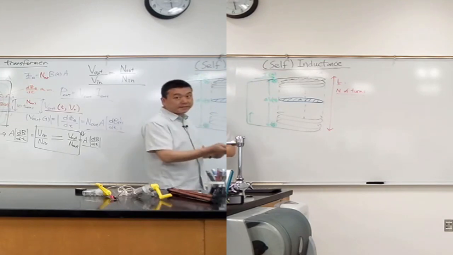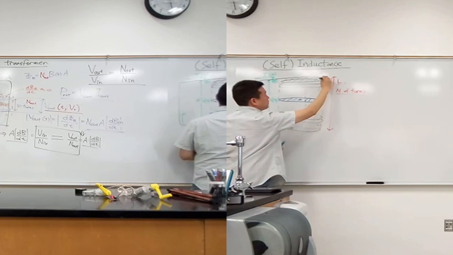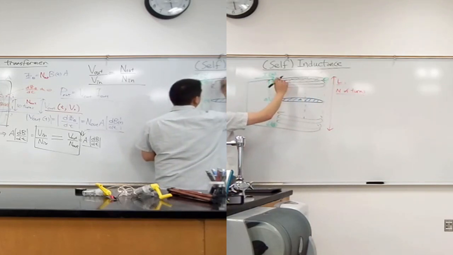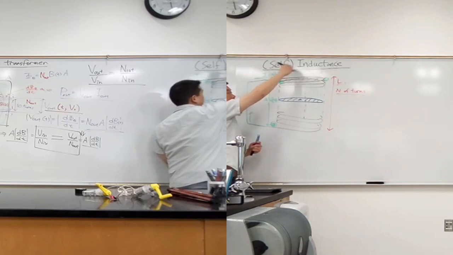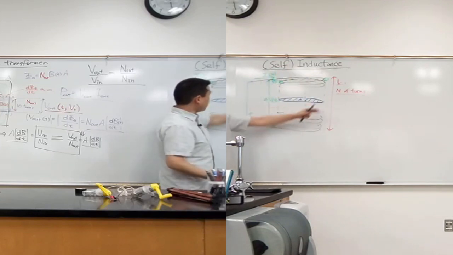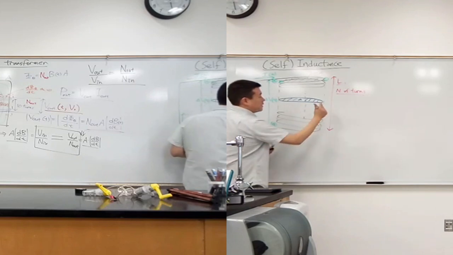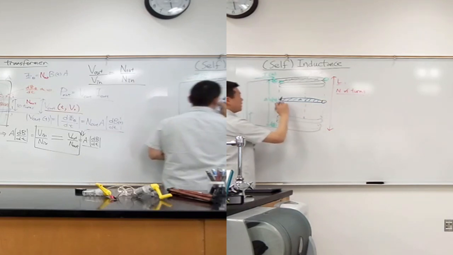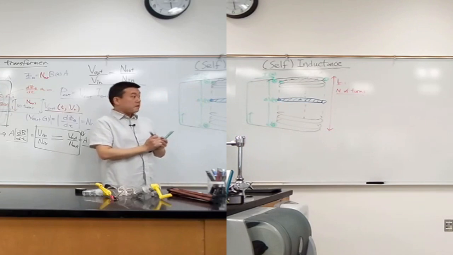Let me make it explicit. On this end, it's going to be coming out of the board. On this end, it's going to be going into the board. Good? And then it keeps looping around the same way. So when the current gets here, the current is still coming out of the board and into the board. Okay?